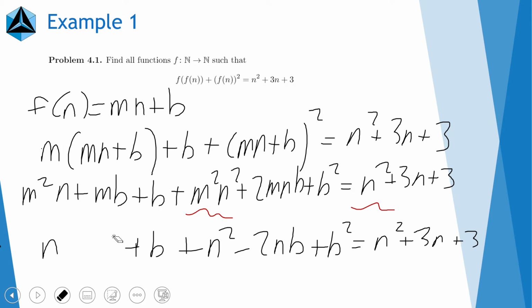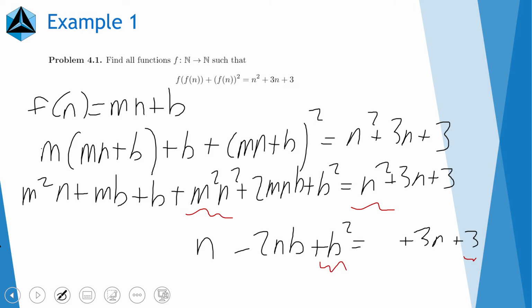This minus b plus b cancels out, and then the n squared terms on both sides cancel out. So wow, we actually have a lot simpler equation now. I'll move this n over to the right side. We also can match up the constant terms now that we have the n squared terms out of the way. The constant terms, we have b squared and 3.